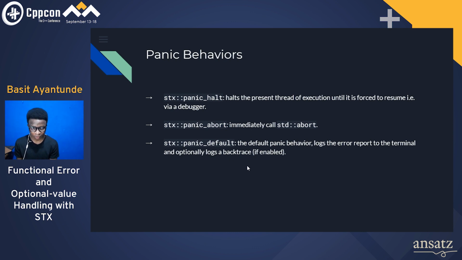You can also use the panic abort behavior, which immediately calls state abort and doesn't log anything. We can also use the panic default behavior, which is the default panic behavior that logs the error report to the terminal and optionally gives you a backtrace of the call stack.